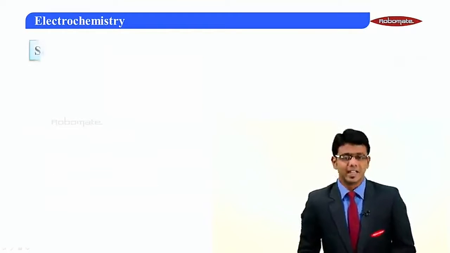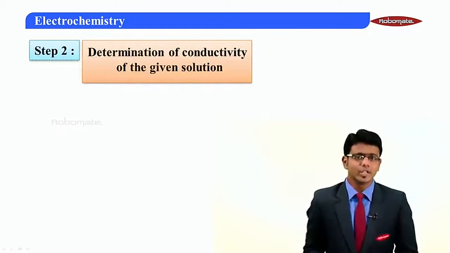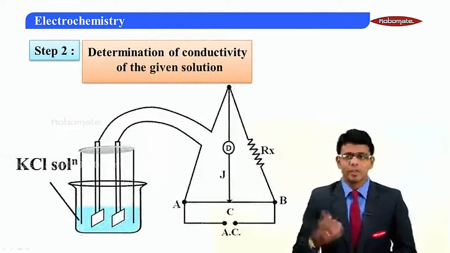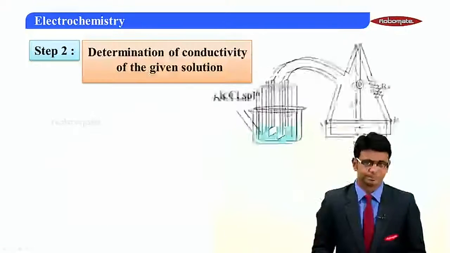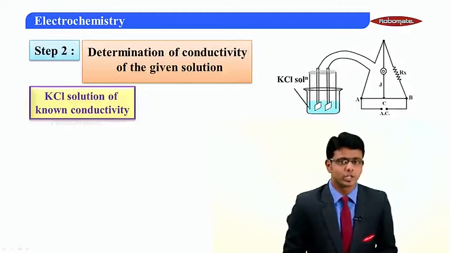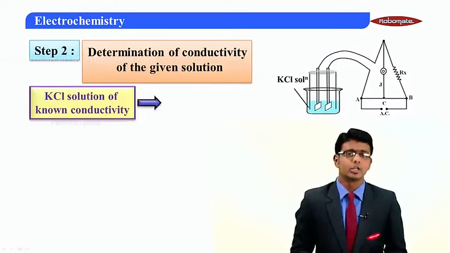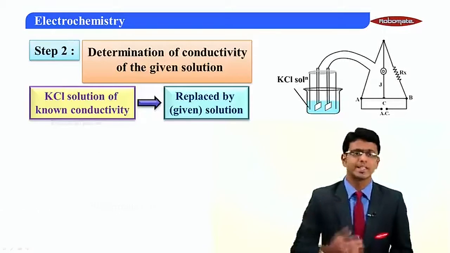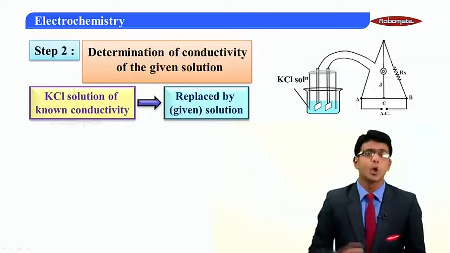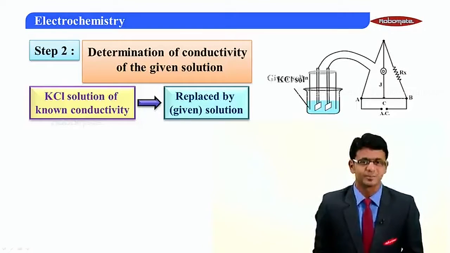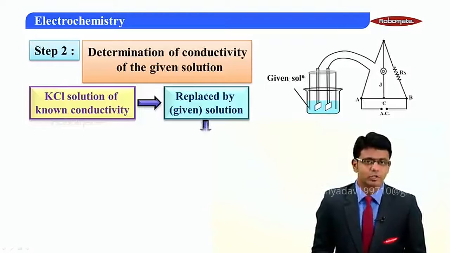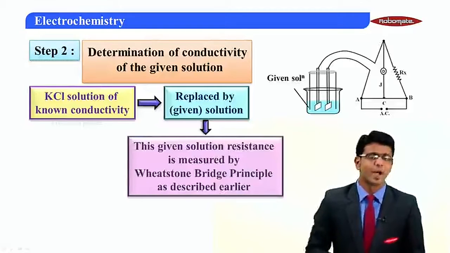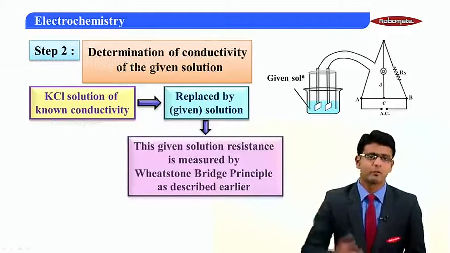The next step here is the determination of conductivity of a given solution. So now instead of the KCl solution, we are using a solution of unknown conductivity. So this KCl solution is replaced by a given solution whose conductivity is to be determined. Now, the given solution's resistance is measured by the Wheatstone bridge principle, which we have already described earlier.